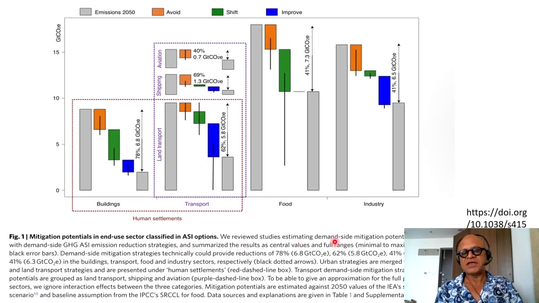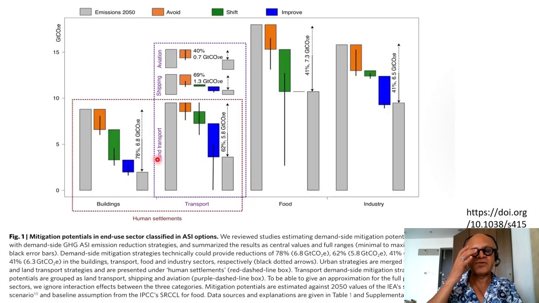So mitigation potentials in end-use sectors are classified in ASI options: Avoid, Shift, and Improve. They review a bunch of studies estimating demand-side mitigation potentials associated with the demand-side greenhouse gas emissions reduction strategies, and summarized the results as central values and full ranges. Without going into the details, I will show a table which looks at specific aspects where these strategies in avoid, shift, and improvement can be implemented in each sector.